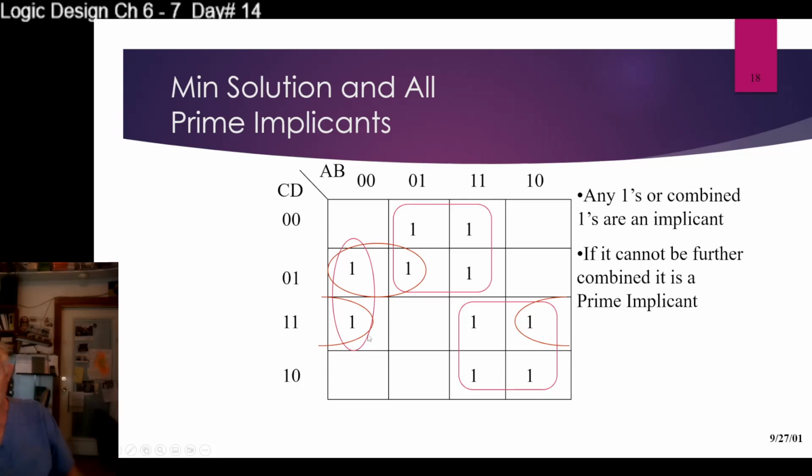Then the vertical group of 2 in the first column would be considered a consensus term. So whether or not you think of it as a consensus term depends somewhat on how you pick your solution. Same with this. So you might have to add those consensus terms to fix the hazard, but you don't need them if you don't have a problem with the hazard to cover all the ones to give you a legitimate solution.